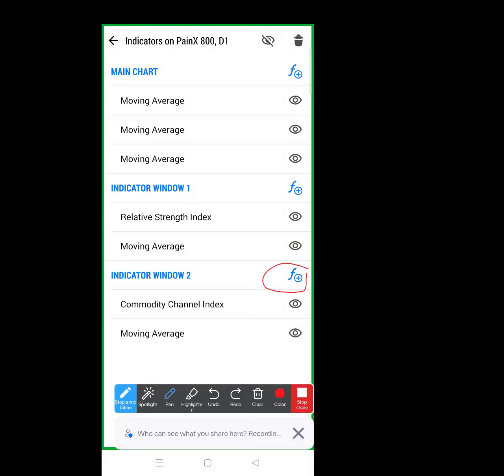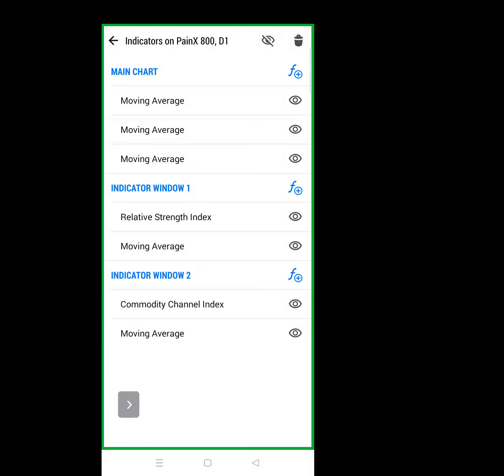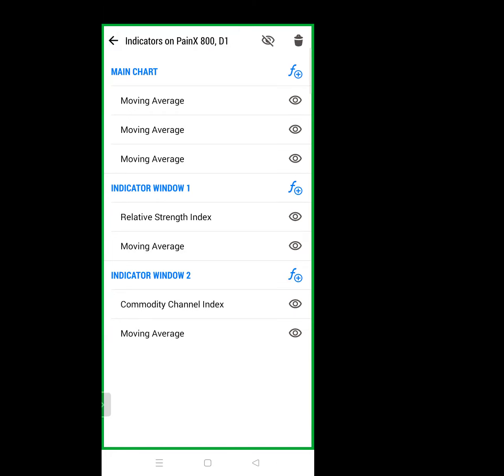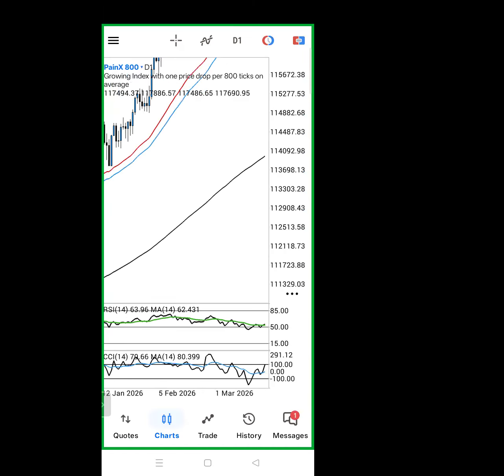Now, period is 14, method is exponential, apply to first indicator data. Then you choose a color of your choice that will match what you have already, and you click on save.